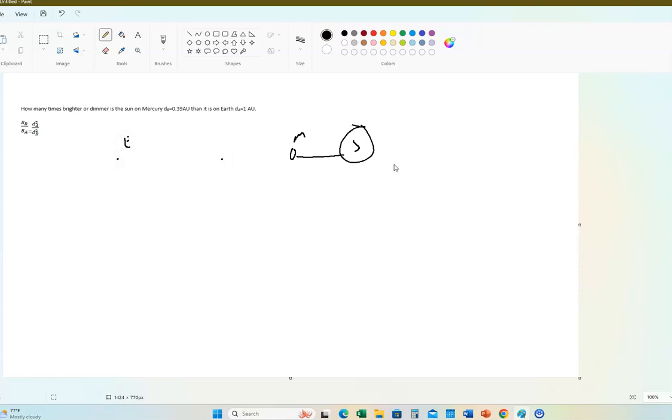Now the Earth, we know, is 1 AU, and that's what we're calling d sub a. And then Mercury is this distance right here, which is 0.39 astronomical units.